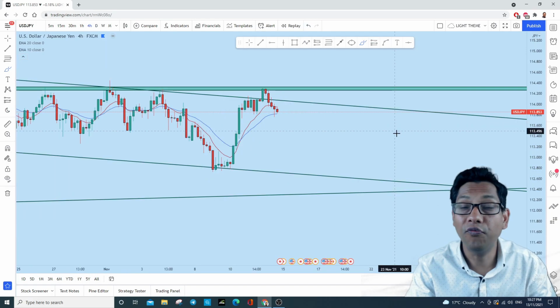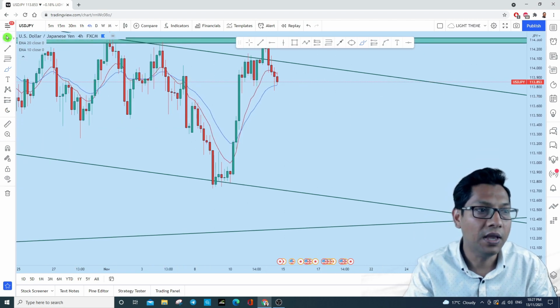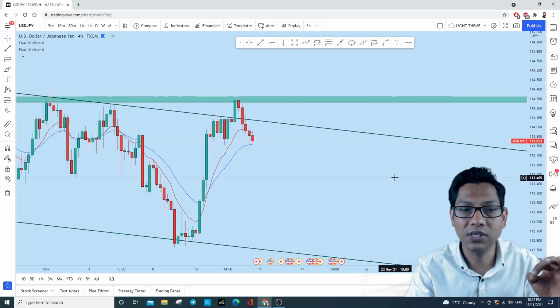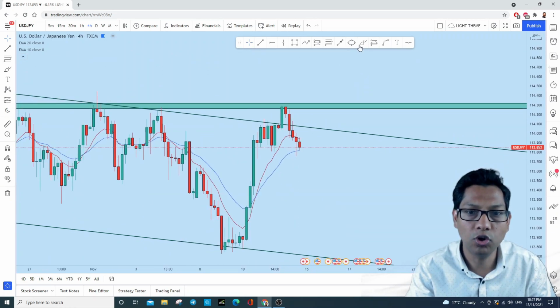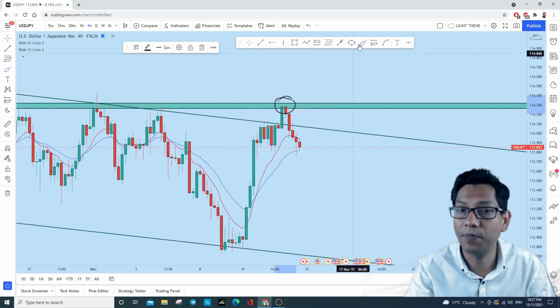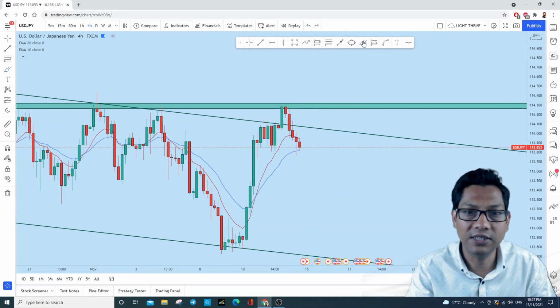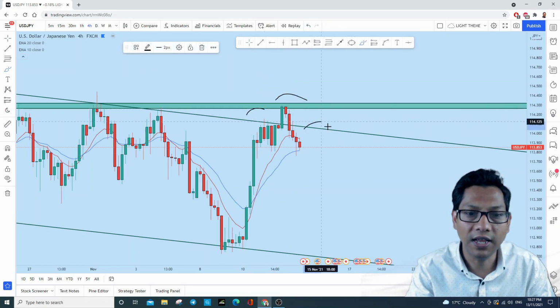Let's jump on to the 4-hour or intraday time frame. On the 4-hour, things look a bit interesting, because we are seeing what looks like a head and shoulder pattern. This is the head, the left shoulder, and the right shoulder.